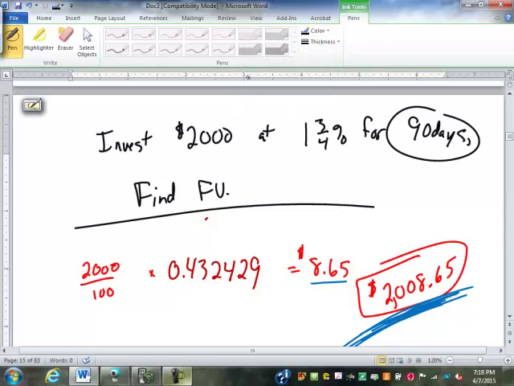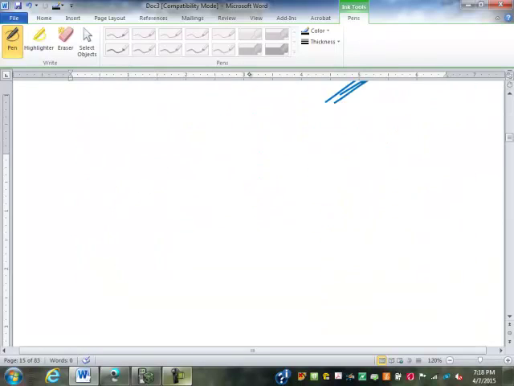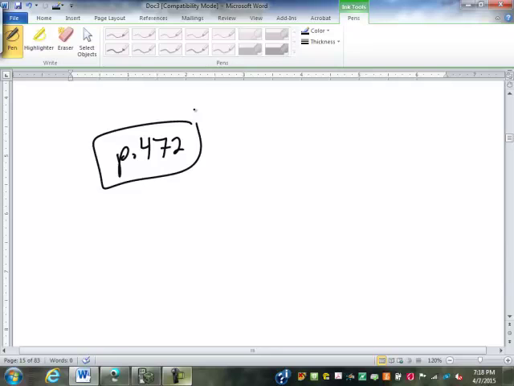Okay. Now, we said there's something called continuous compounding. We're not going to get into that in this class. It involves using exponentials and logarithms, and I don't hate you guys that much, so we won't do that in here. But I do want to take a look at this one on page 472, the present value of $1.